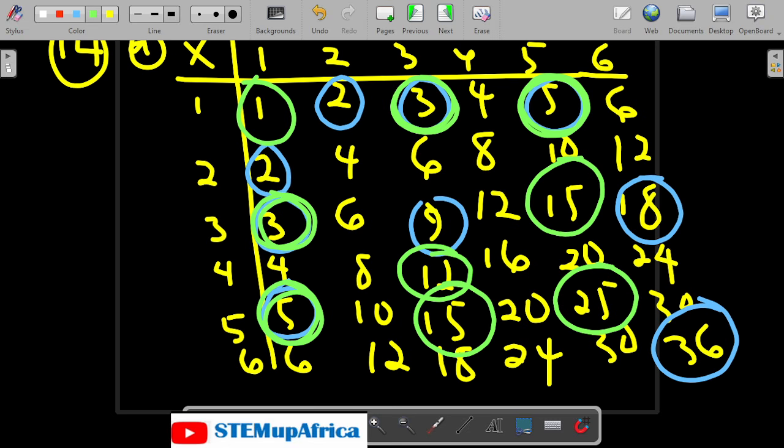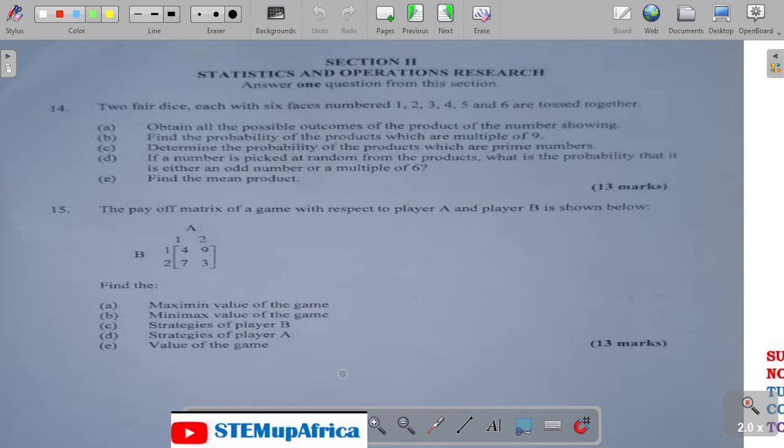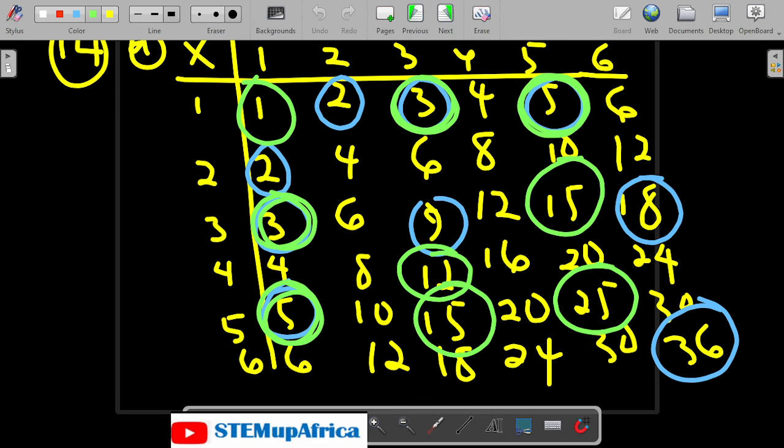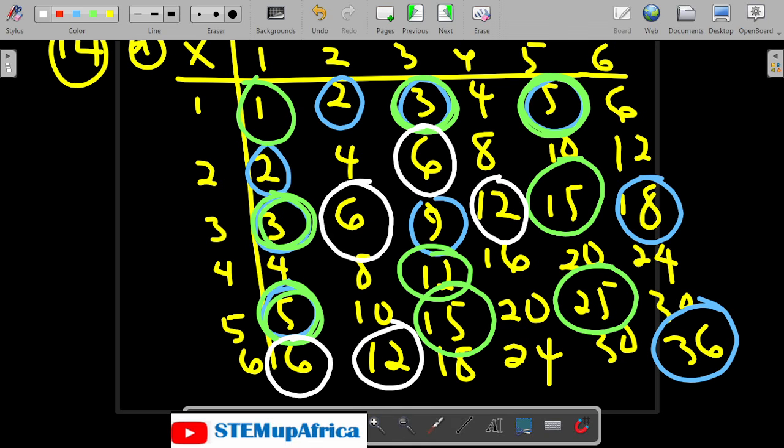Then multiples of 6. That's what the question says. What are the multiples of 6? Let's also find them from the table. Multiples of 6, we have 6. We have 12. This is another 6. Another 6. Then another 12. Then we also have 18. It is a multiple of 6.